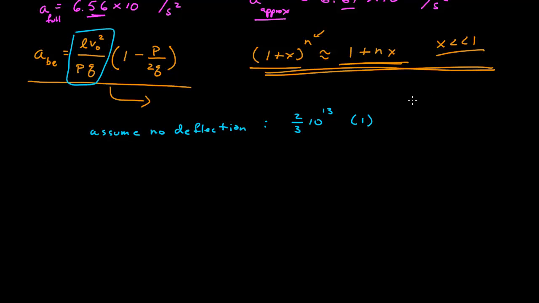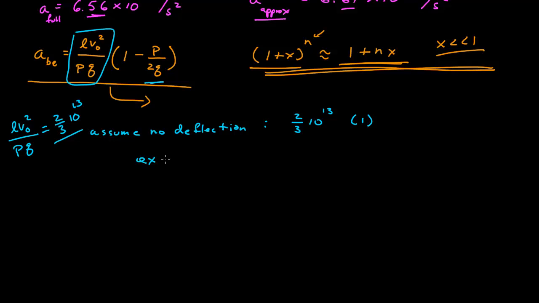So we know that L v naught squared over pq is equal to 2/3 times 10 to the 13. If you assume no deflection within the plate region, that's setting p over 2q equal to 0, and you get just 2/3 times 10 to the 13.